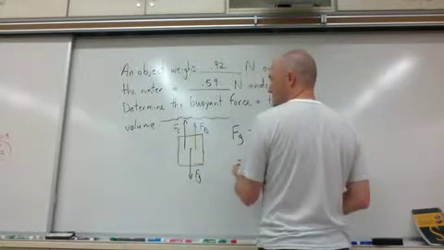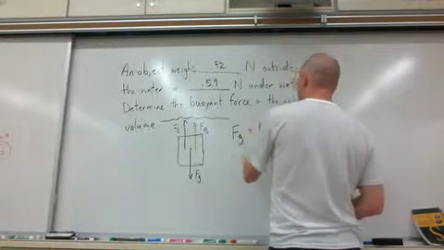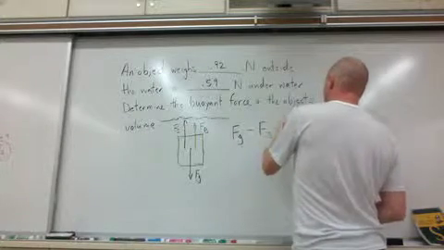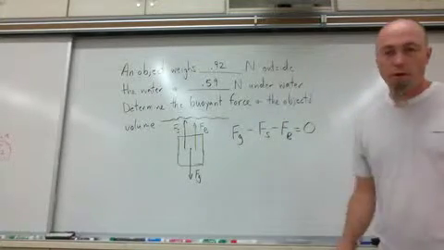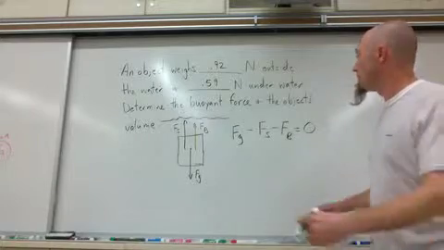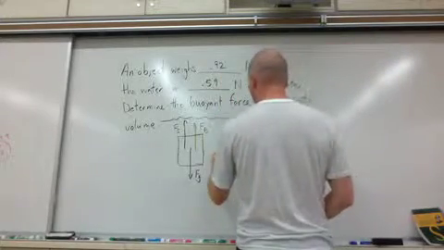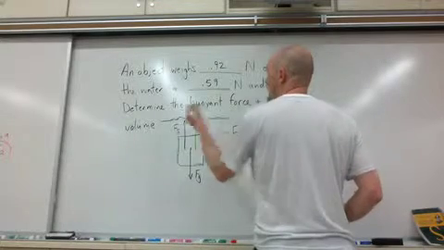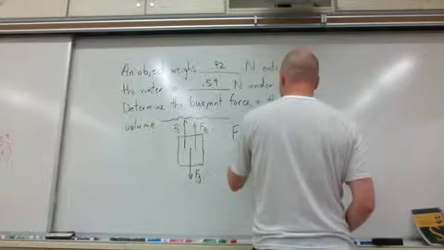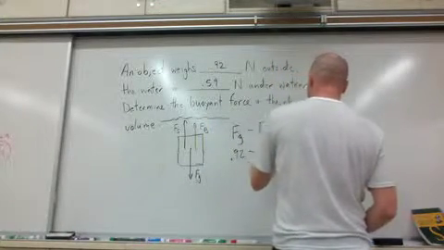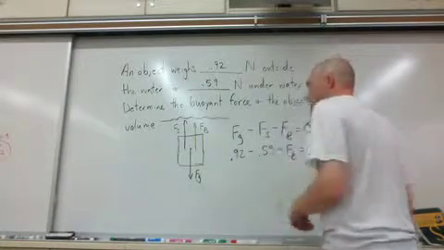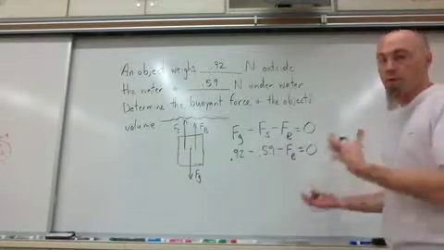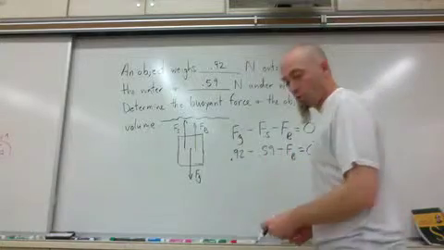My second step is Fg minus Fs minus Fb equals 0. Then if I plug my numbers in, Fg is 0.92, minus the force of the scale when I'm under the water, 0.59, minus Fb equals 0. That should make sense, because my buoyant force is the difference between those two.